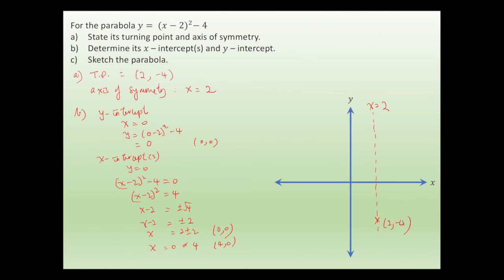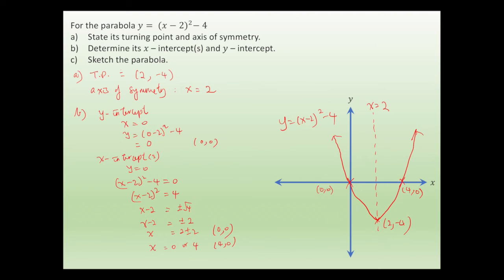And then we know the y-intercept is the same as one of the x-intercepts here, and the other x-intercept is (4, 0). So it's (0, 0) and (4, 0) here. So we can join the points and sketch y equals x minus 2 all squared minus 4.